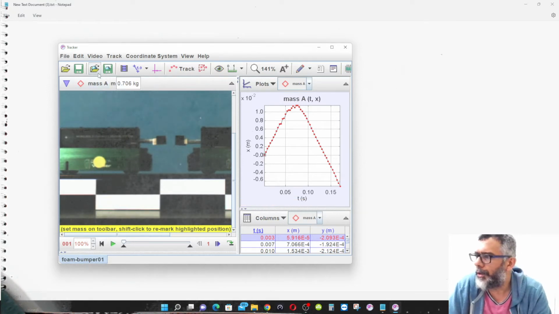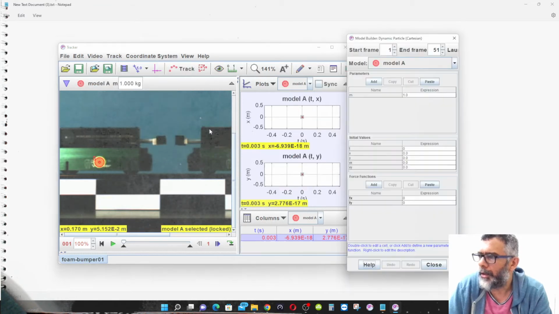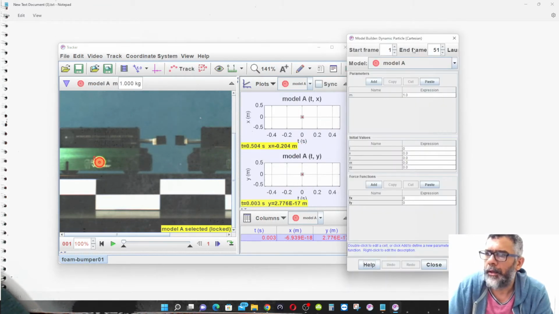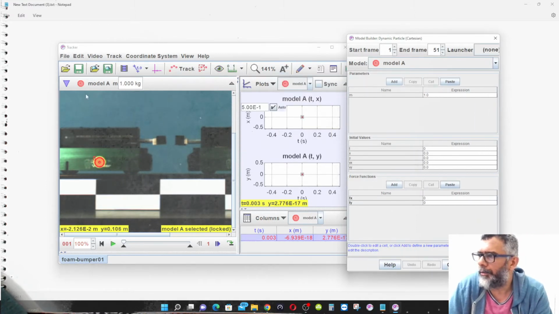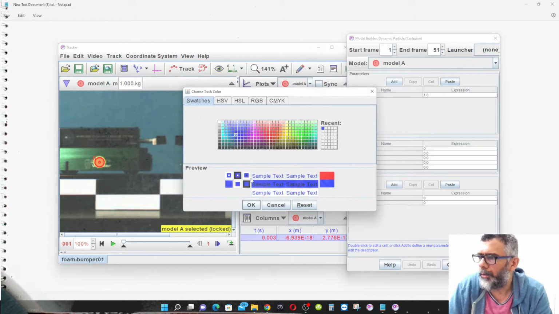Let's first produce our model. Choose track, new, and dynamic model, because we're going to model force, Cartesian. Okay, this is what you see. This is the model. Let's pick a different color for the model, because the mass A is also the same color, so make it blue.